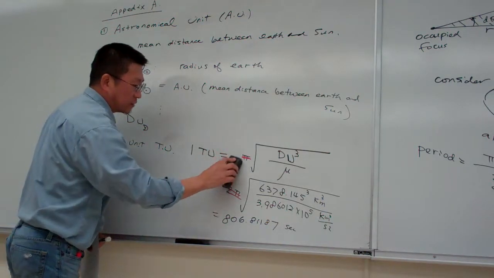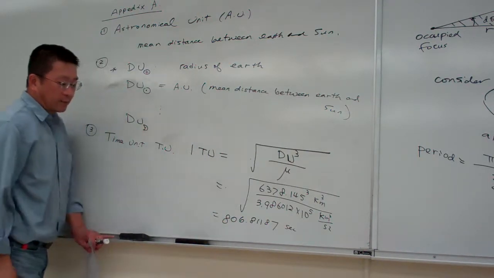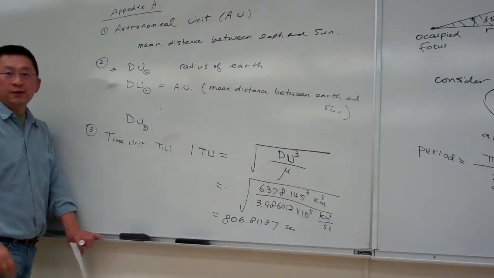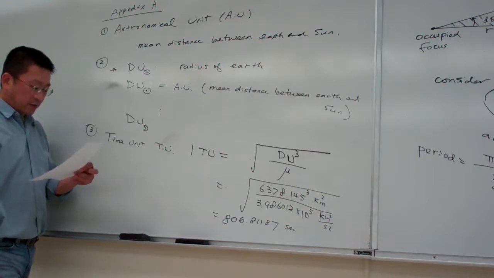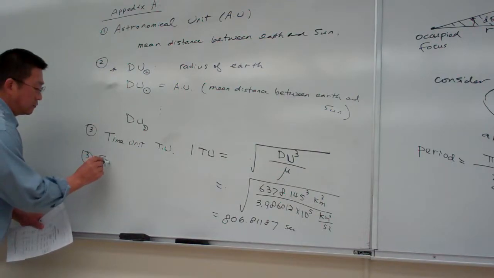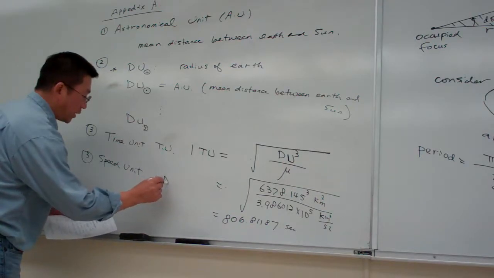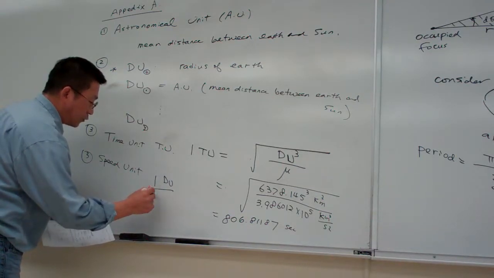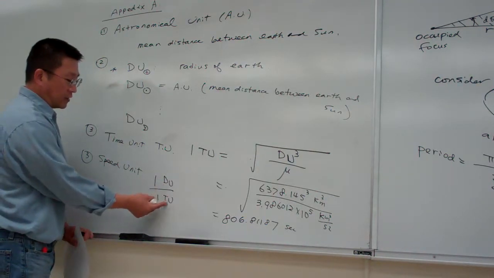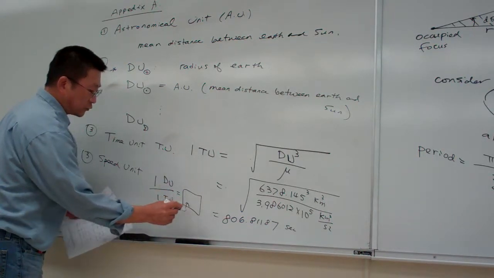So let me get rid of this. About 806 seconds, that is defined as a TU in this textbook. Under these situations, we can define the speed, and that is simply 1 DU divided by 1 TU. DU is the radius of the Earth, and TU is given by this. So that has the numbers, and you can simply refer to the appendix.